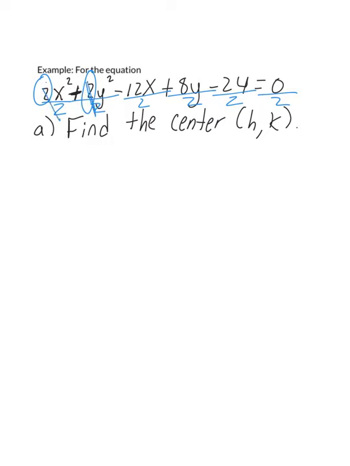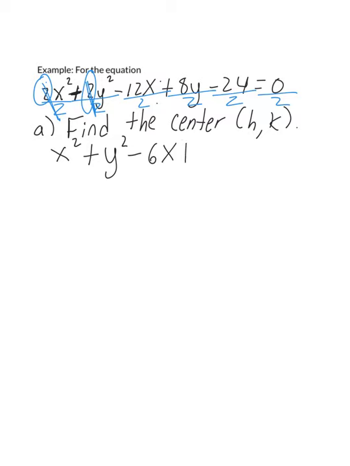So you might see a couple homework questions where they have like a 2 or a 3 or a 5 in front of x squared and y squared with the general form. So before you do anything, divide that number out from all the terms. So when I do that, that leaves me with x squared plus y squared minus, let's see, 12x divided by 2 is 6x.